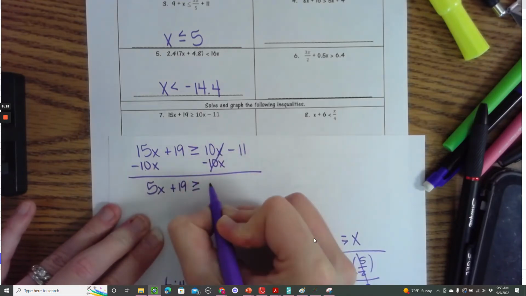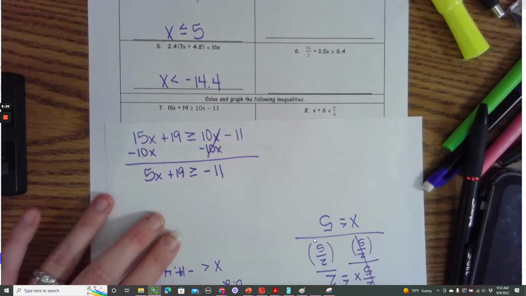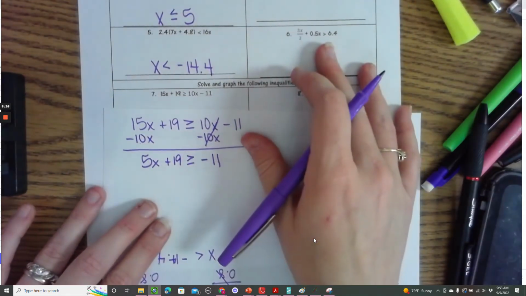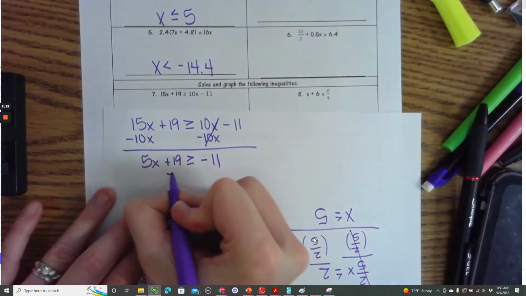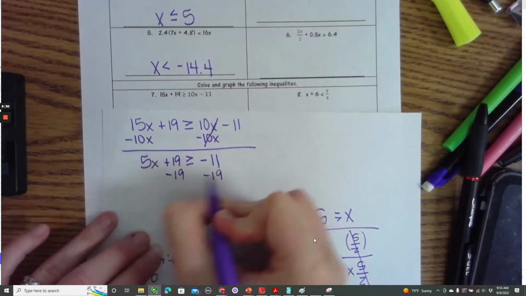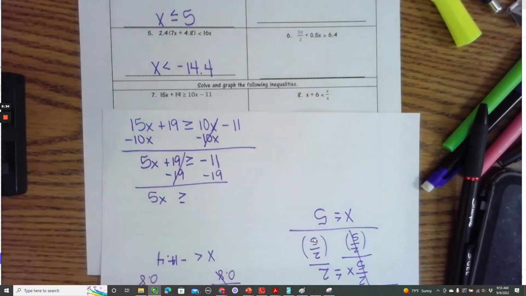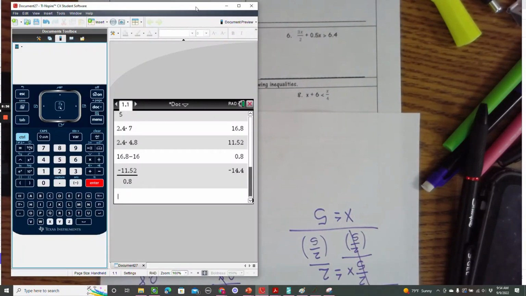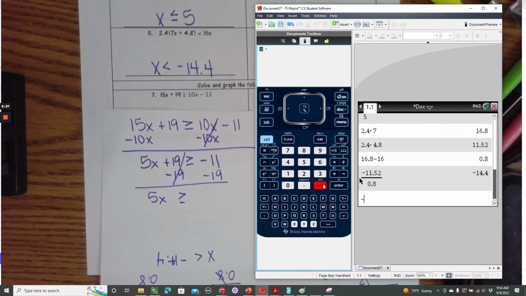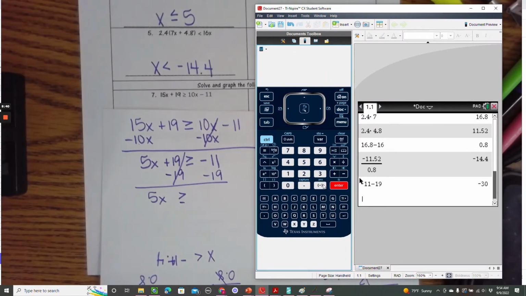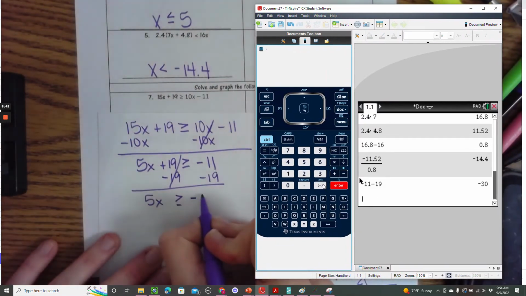This cancels. Okay, what do I, it froze. What do I do next? So this cancels. So then we've got, let's see, negative 11 minus 19 is a negative 30.